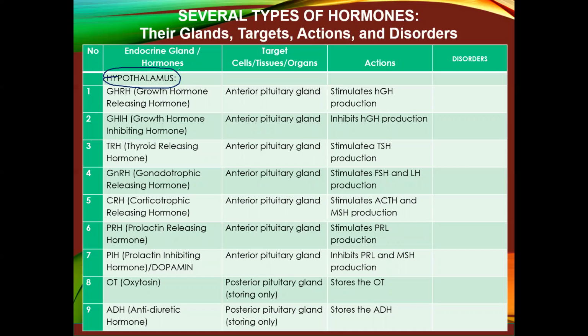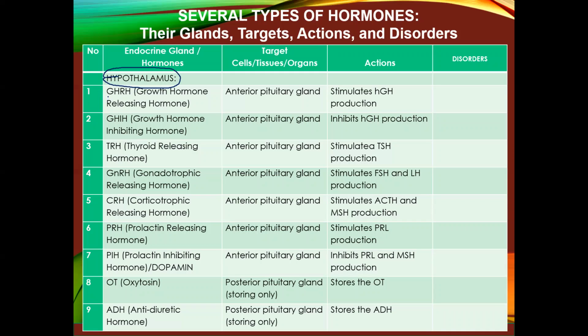And the hypothalamus produces hormones that stimulate the production of hormones from other endocrine glands, especially the pituitary gland, and also produces inhibiting hormones. So there are two types of hormones produced by the hypothalamus: releasing hormones and inhibiting hormones. There are 9 hormones produced by the hypothalamus.